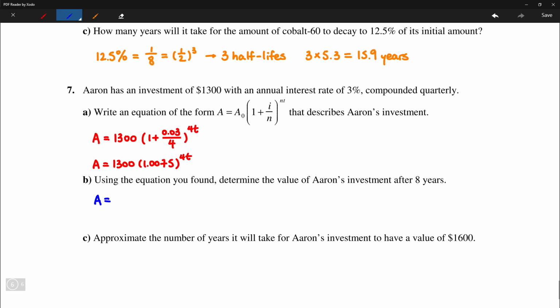So A is equal to 1,300 times 1.0075 to the 4 times 8 power. So then that will be A is equal to 1,300 times 1.0075 to the 32nd power, which we can evaluate using a calculator, and that will give us approximately $1,651.14.